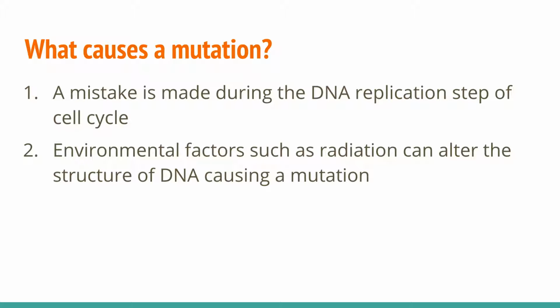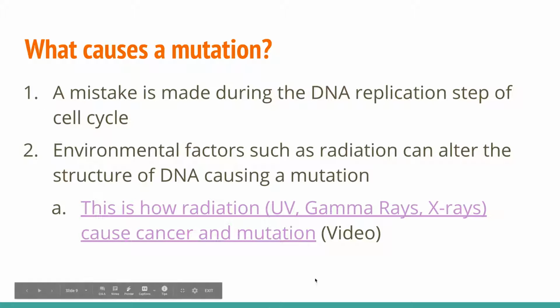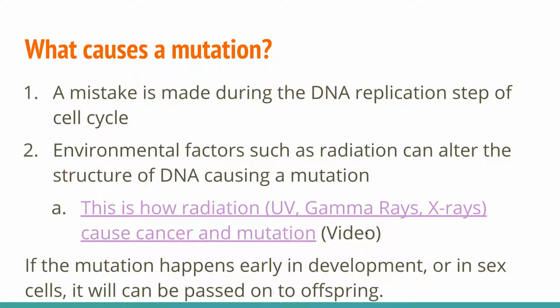Environmental factors such as radiation can also alter the structure of DNA, causing a mutation. And then there's a video linked right here on how radiation, like UV lights, gamma rays, X rays, can cause cancer mutation. And then if the mutation happens early in development or in sex cells, it can be passed on to the offspring. Okay.